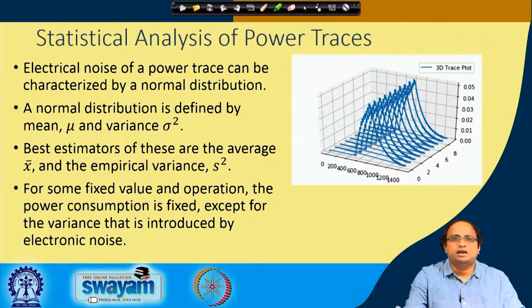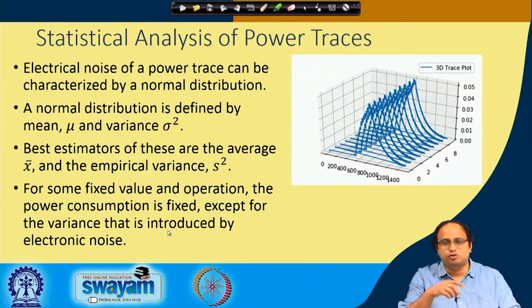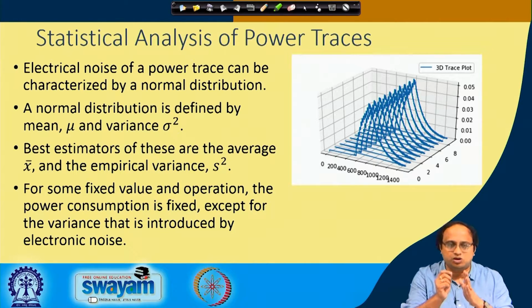And therefore, if you plot the power consumption at a specific time instance, although you are keeping the plain text the same and the key the same, you will find there is a variation, and you will see that the variation looks like a Gaussian or normal distribution.